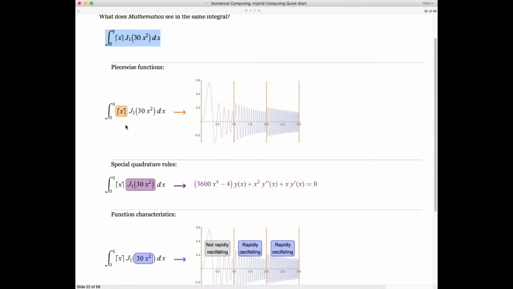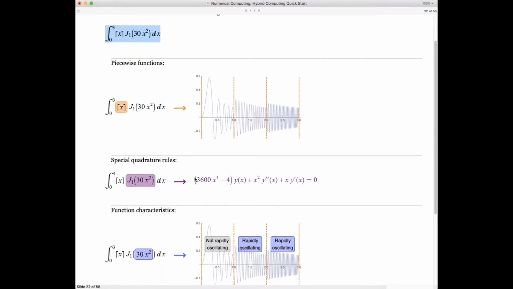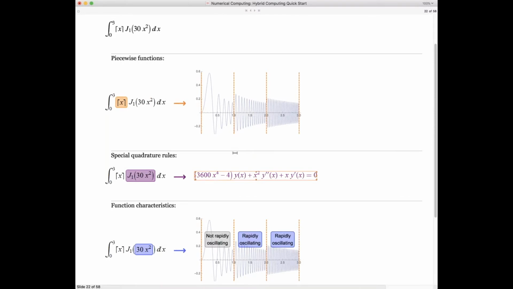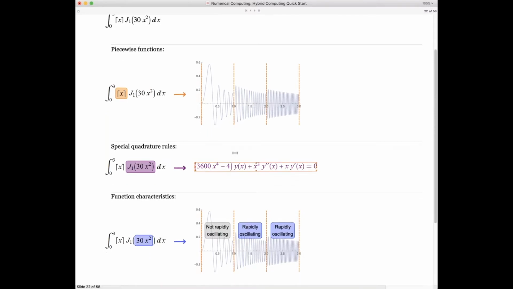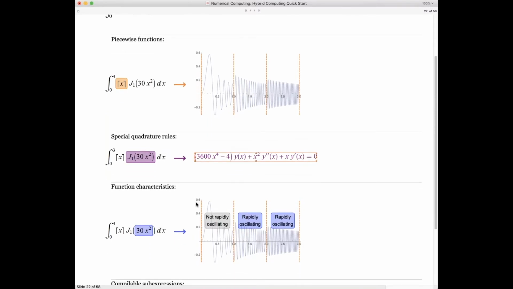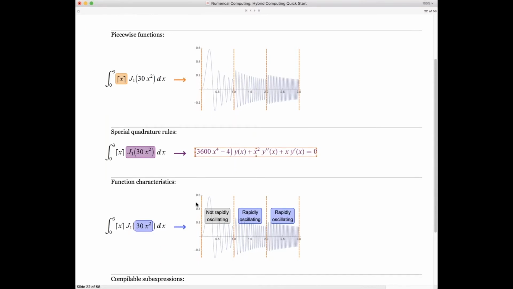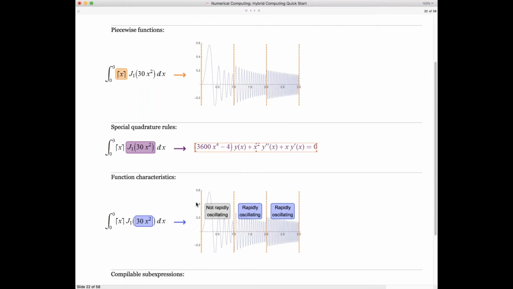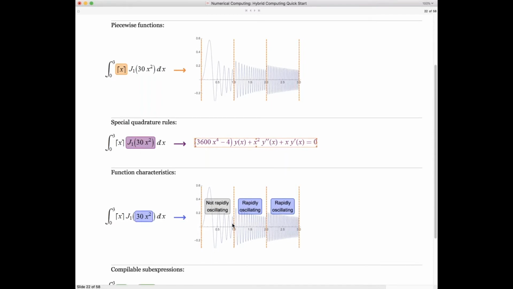And from linear differential equations like this, it is possible to construct customized integration rules suitable for highly oscillatory functions. By inspecting the argument of the Bessel function, 30x squared, Mathematica infers that the specialized integration rule only needs to be used on the two rapidly oscillating subregions of this problem, and not on the first subregion.